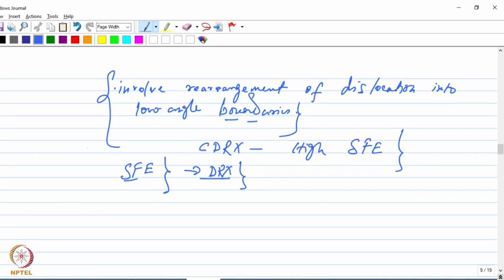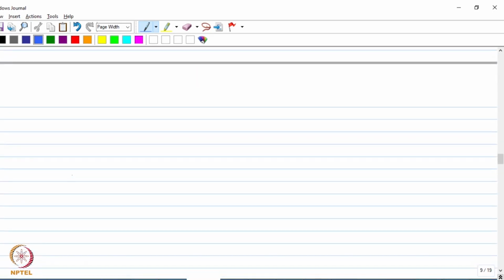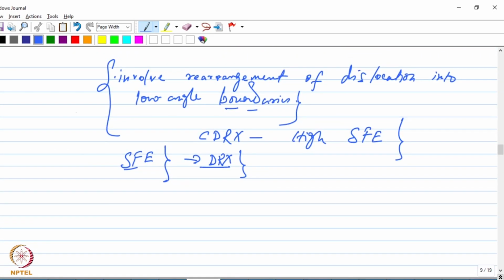So there are some mechanisms which are proposed for the nucleation that occurs when the conditions are favorable for CDRX.